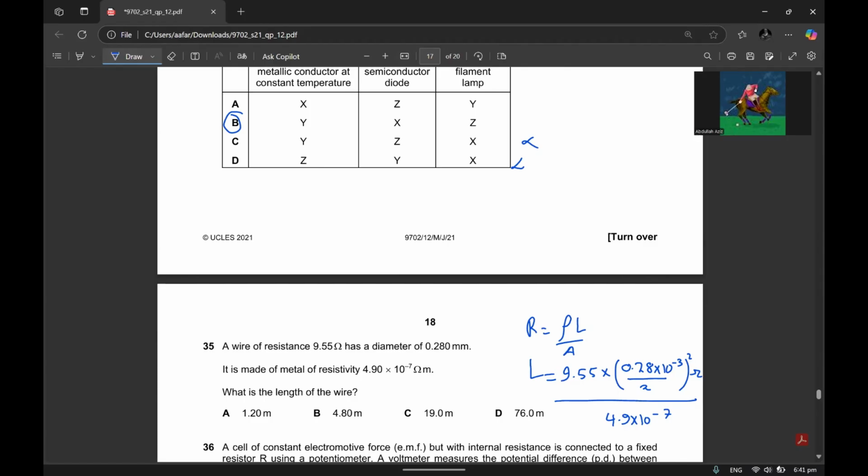Sorry, I'm using my phone as a calculator, so it's a bit slow to process. Getting 1.2. That's the correct answer.